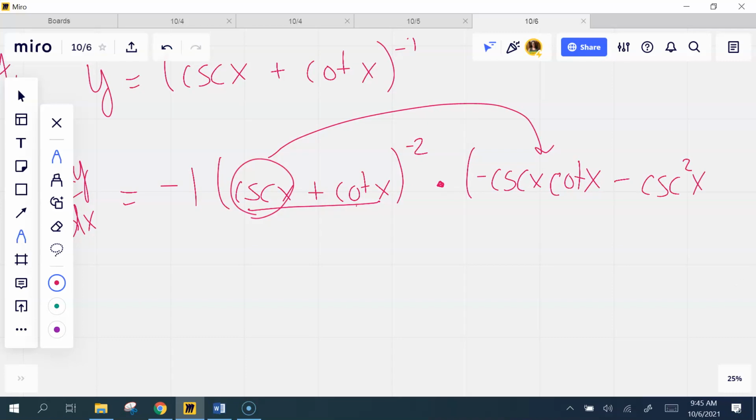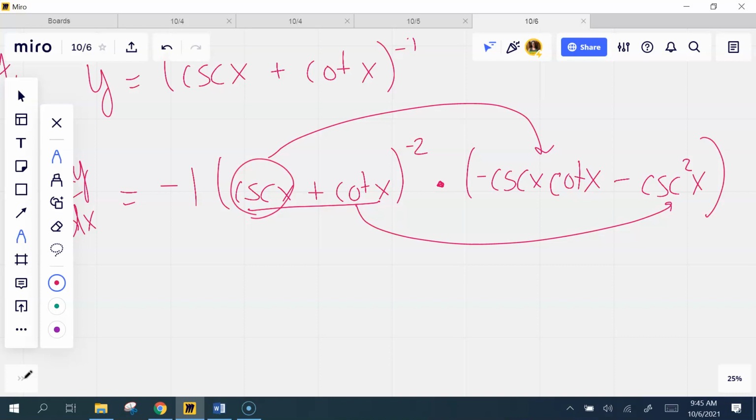That's the derivative of cotangent. Multiplying which two? Because that's what chain rule says. Chain rule says take the derivative of the outside and then multiply by the derivative of the inside.